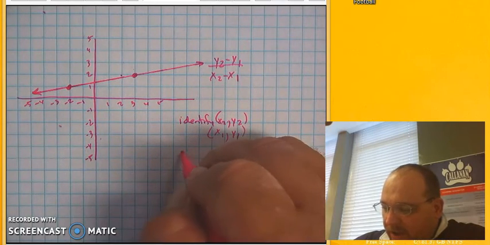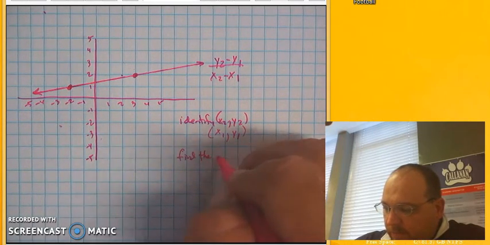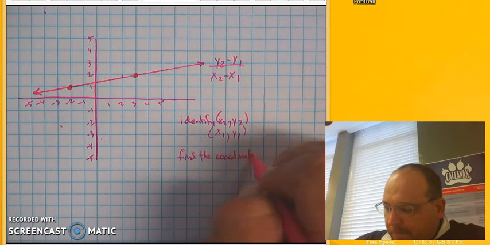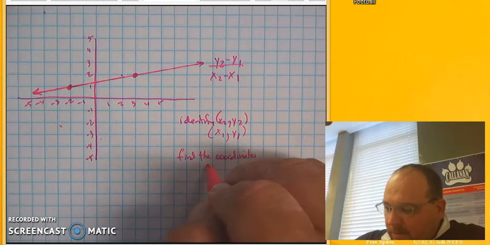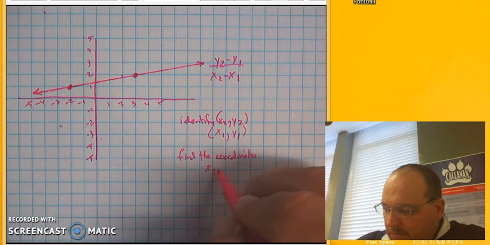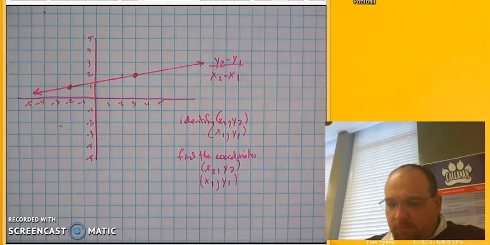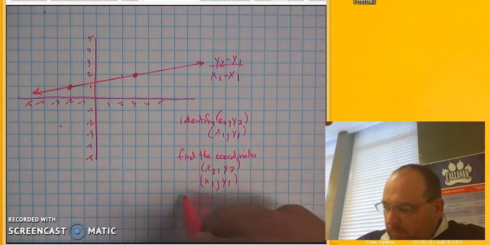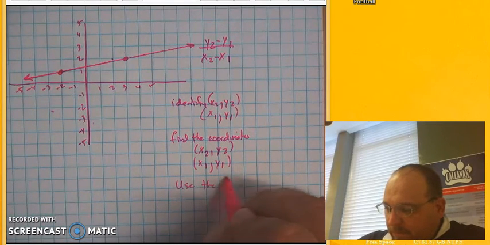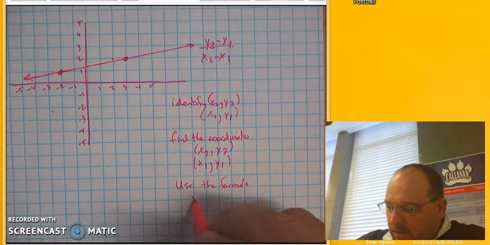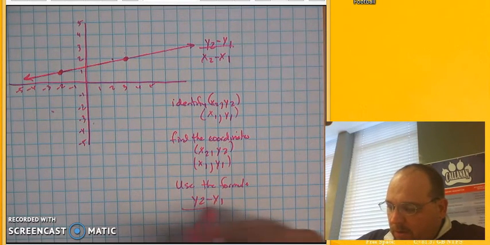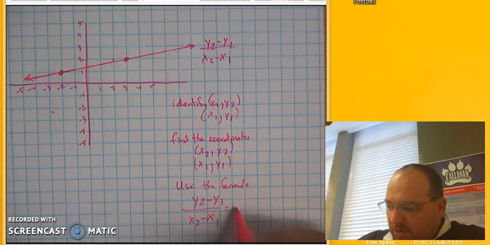Now you're going to find the coordinates for x2 and y2, and find the coordinates for x1, y1. Now you're going to use the formula: y2 minus y1 over x2 minus x1, and this will give you your slope.